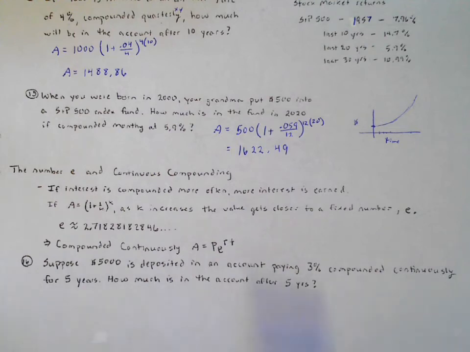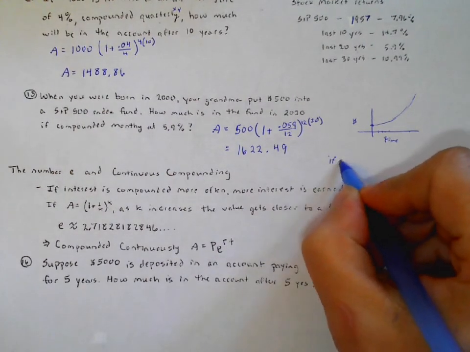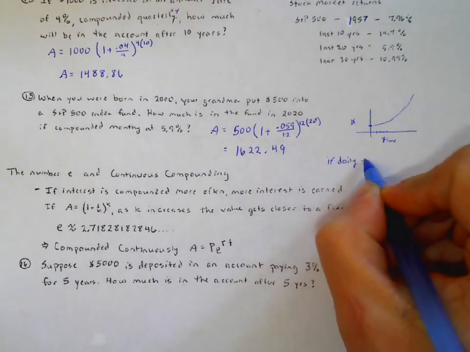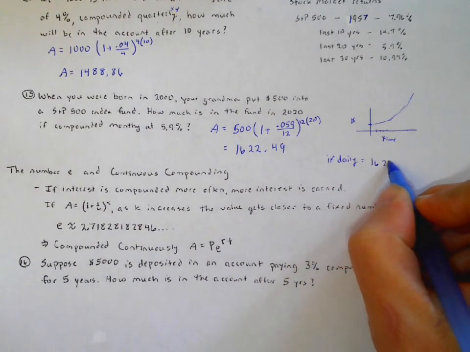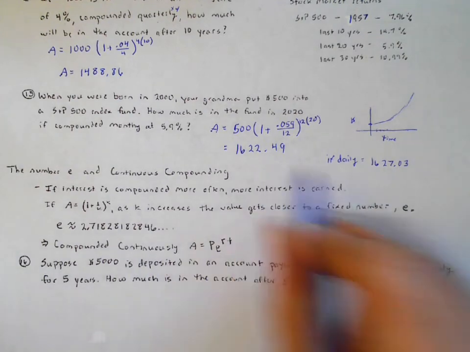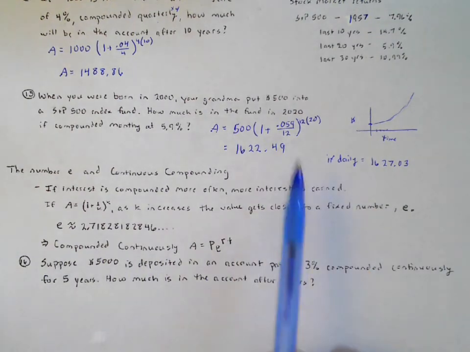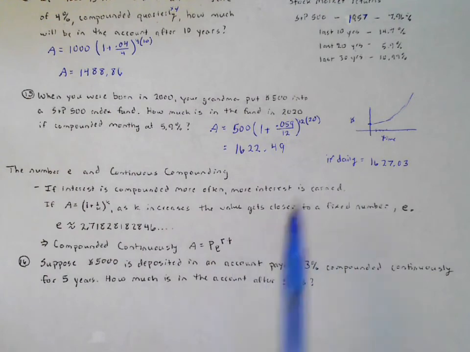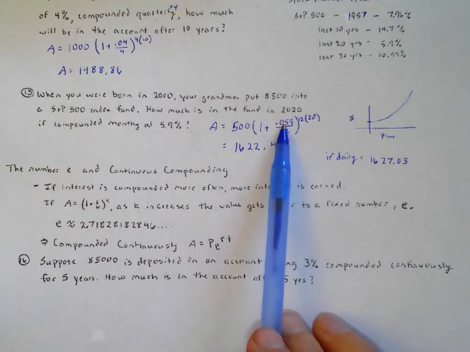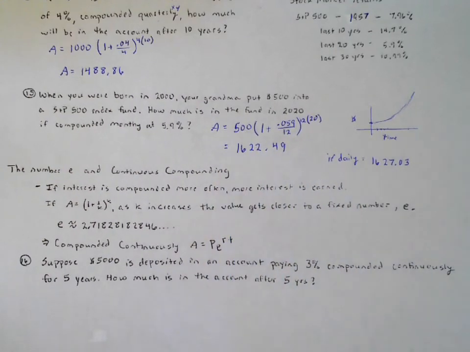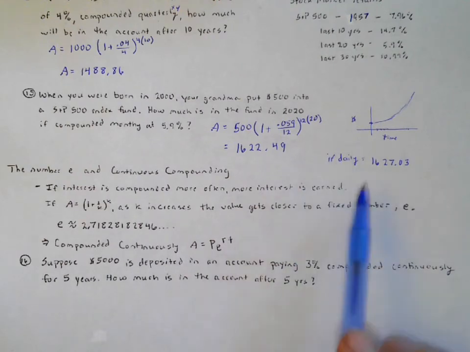If we did it daily, it wouldn't be a whole lot more, but it would be a little bit more. Okay, so the more that we compound it, the more interest there is. The interest rate has a huge impact, and how much you start with also has a big impact. Okay, so a little bit of that.